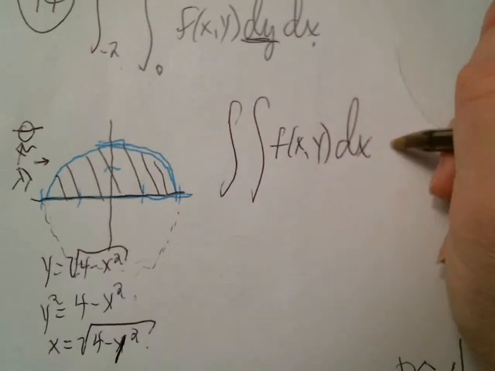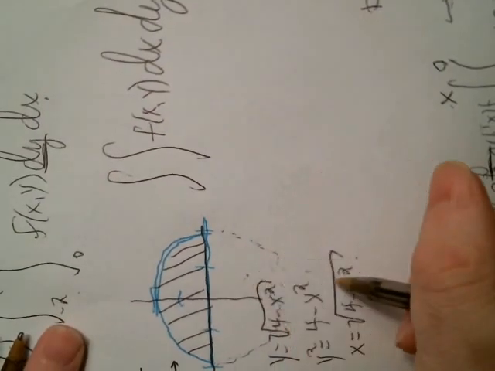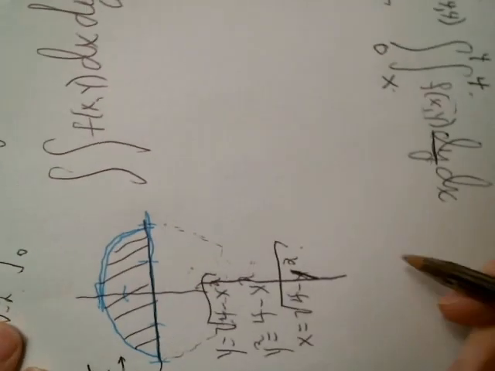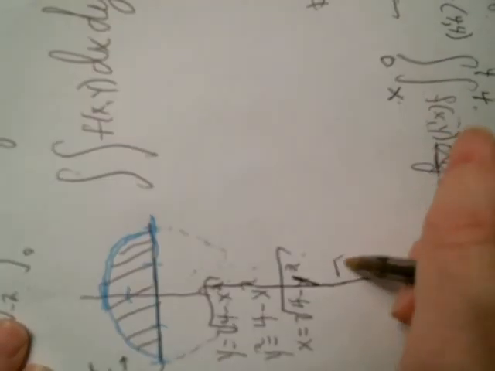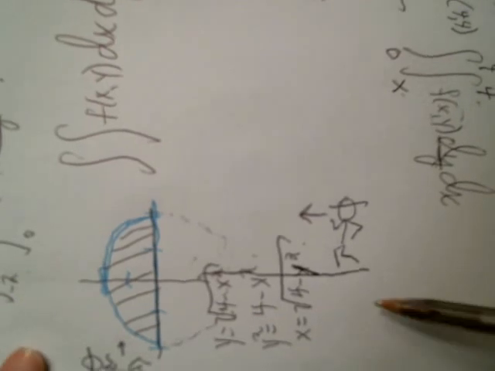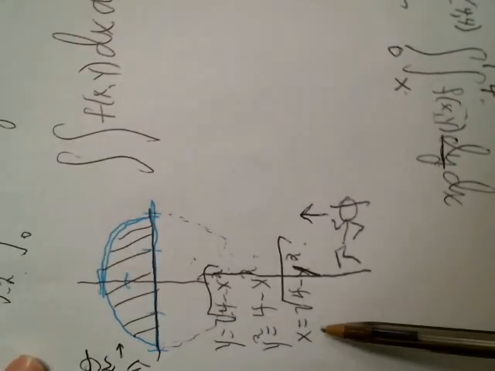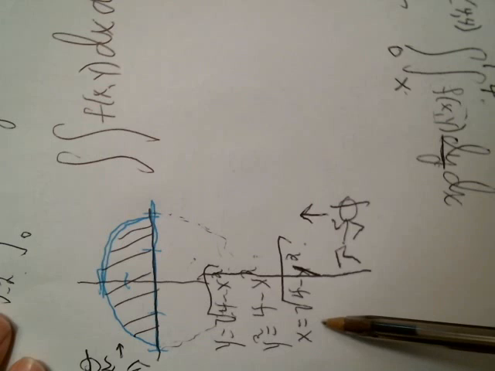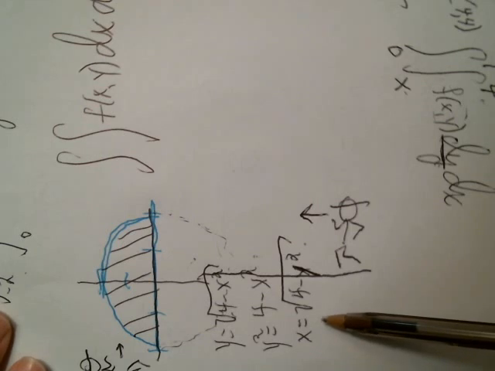So in my new integral, I have the orientation dx dy. The Riemann man is going now in this direction. I'm going to have to extend this. He's running like this. In this orientation, he's dealing with the curves x equals something to x equals something, right?